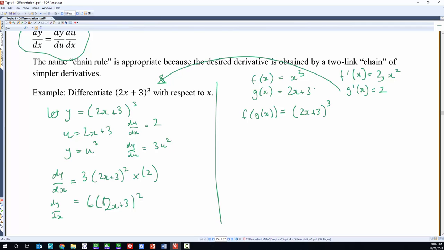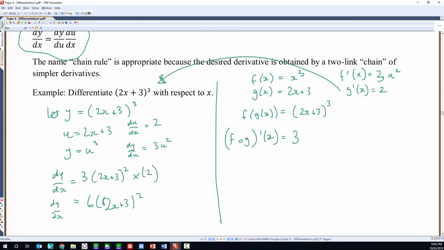Okay, so now to find the derivative here, we'll list this as a composition, f composition g dash x. The derivative of the composition is equal to the derivative of the outer function, which is 3.